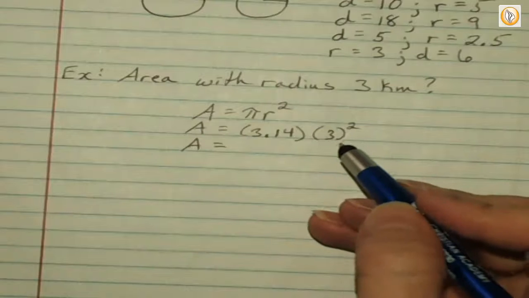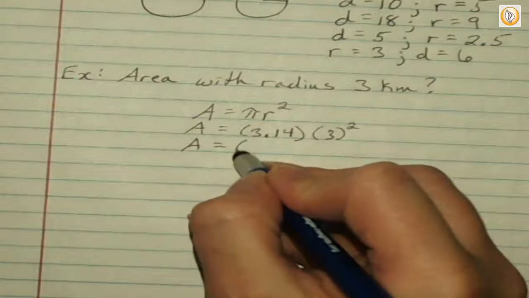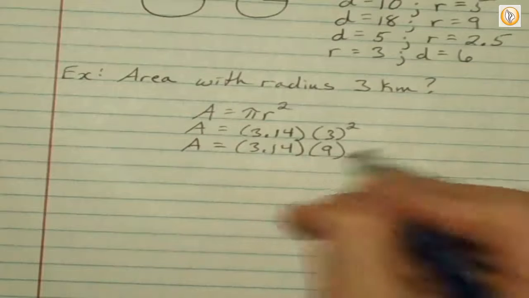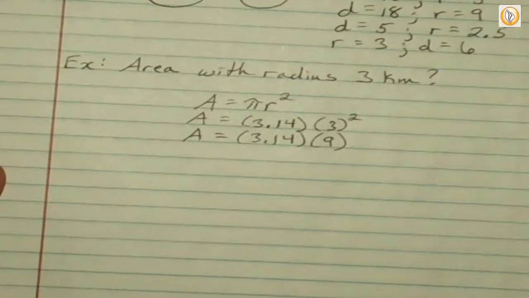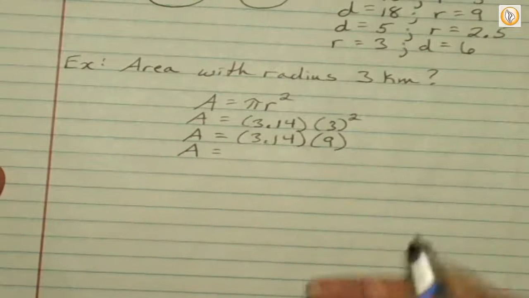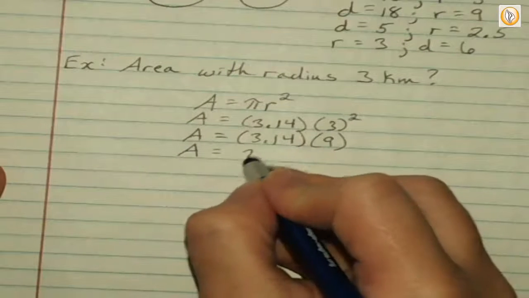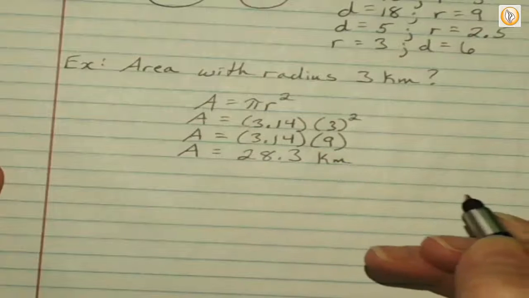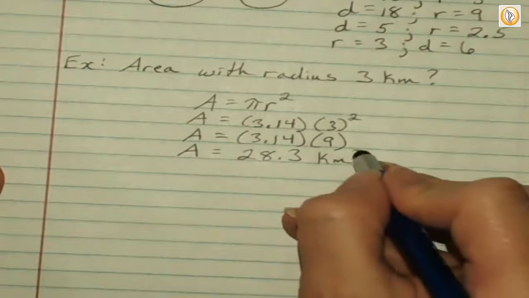So what's 3 squared, Emily? 9. So we're going to do the exponent first, and then, Emily, we multiply. So I'm going to save on time. The answer is 28.3 kilometers, and we're doing area, so it's squared.